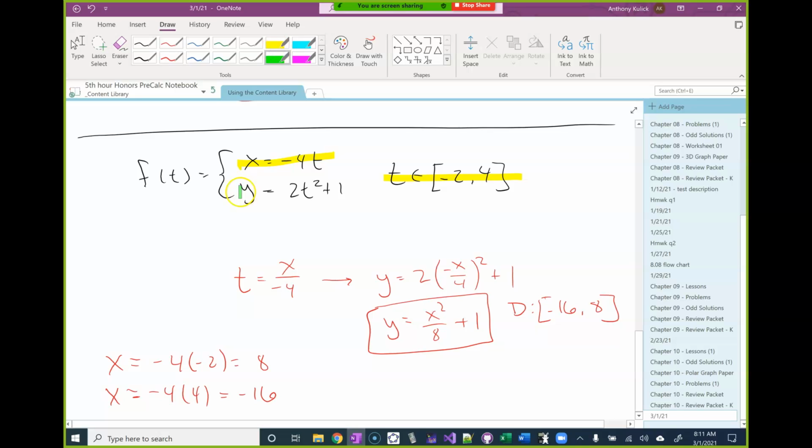Okay. So now we'll do the same with the y coordinate. What kind of function is y? Quadratic. So what does the range for a quadratic function look like?